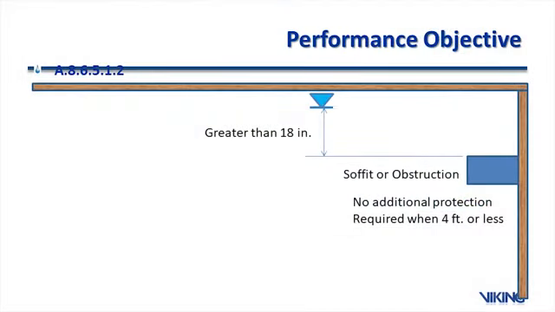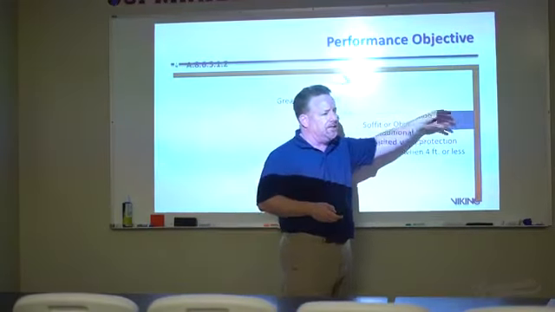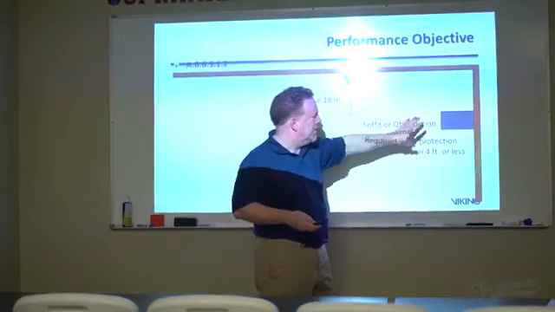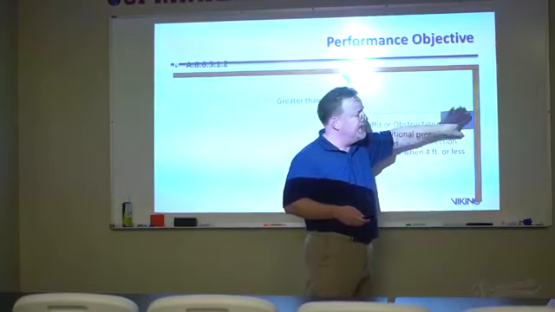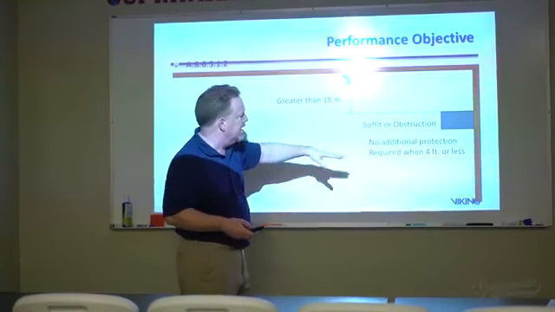So the next point in the performance objective is A.8.6.5.1.2. It's in the appendix, actually the annex, of the standard. It says you can have a soffit or an obstruction off on the wall here, like a lighting unit that's down from the ceiling, that could also be a planter or something like that.